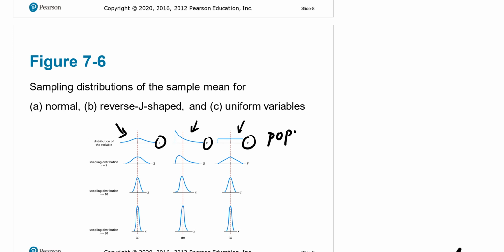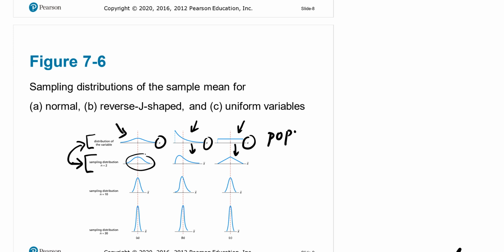When I pick a sample of size 2 from the population, the sampling mean will look more normally distributed, a little bit better than the one above it, and this one becomes like that.